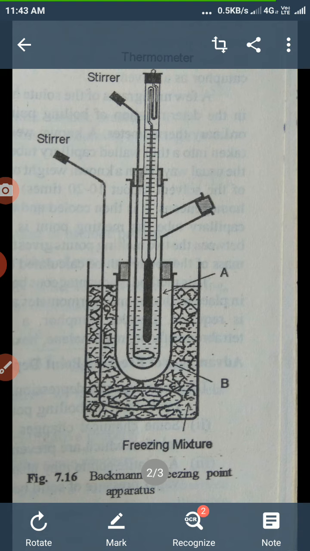This figure shows the apparatus used in this method. It consists of an inner tube A, which is provided with a Beckmann thermometer T and a platinum stirrer.